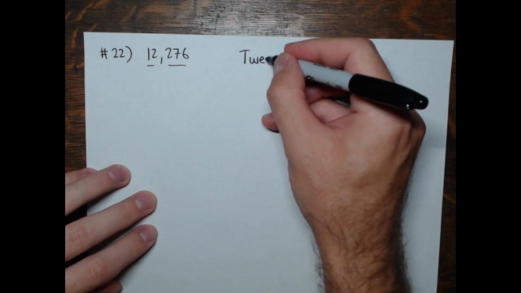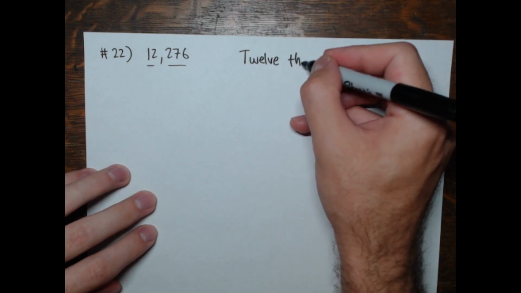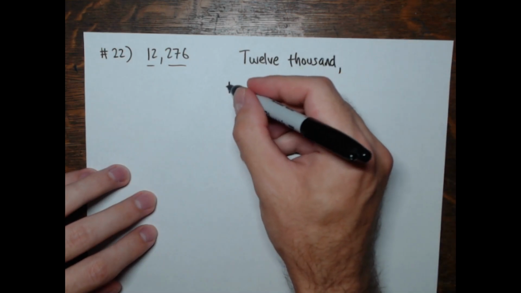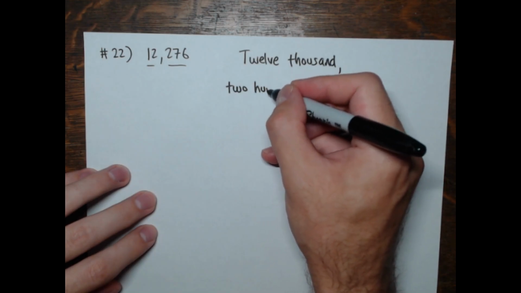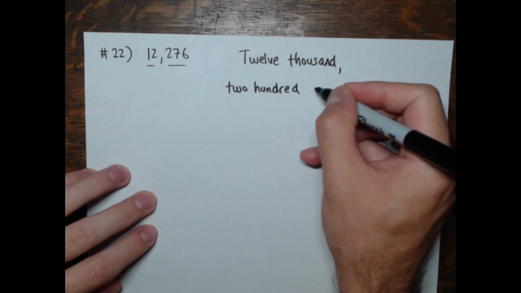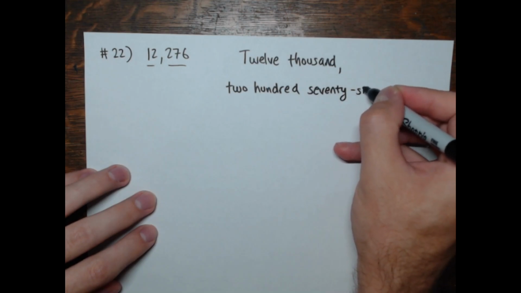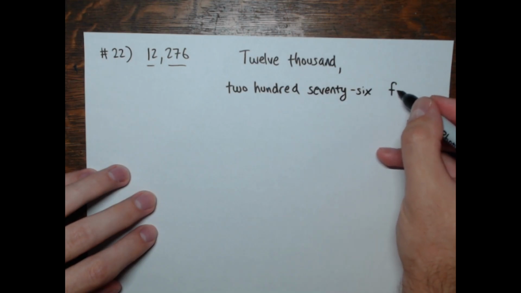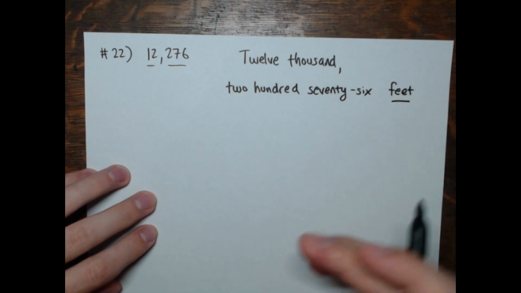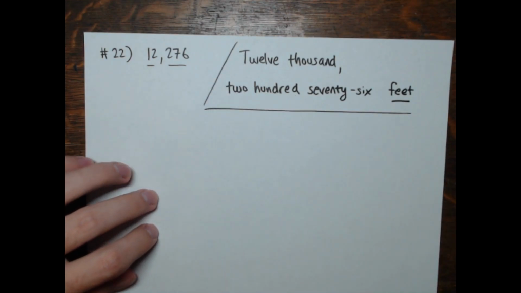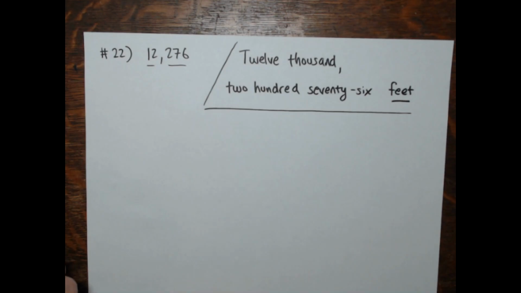So that is 12,000, comma, 276. And this was the number of feet that Mount Adams is tall, right? So there's the number of feet that Mount Adams' height is, in words. Okay.